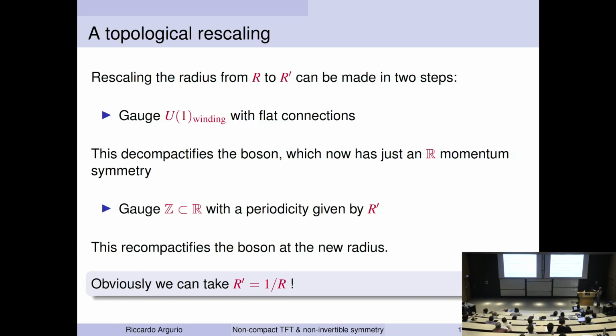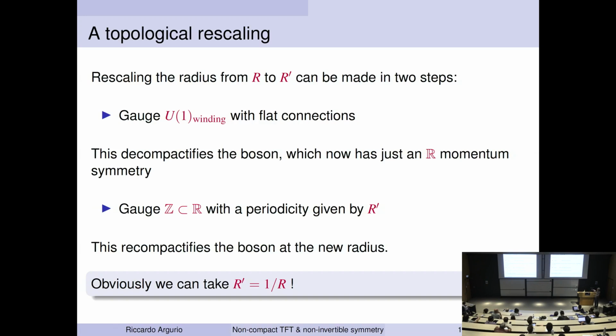By consistency, we have to add all the continuous momentum, so now we end up in a theory which has R as momentum symmetry. Then we gauge a Z in this R, specified by a periodicity which I can choose to be R prime. So I have two gaugings to go from R to R prime.